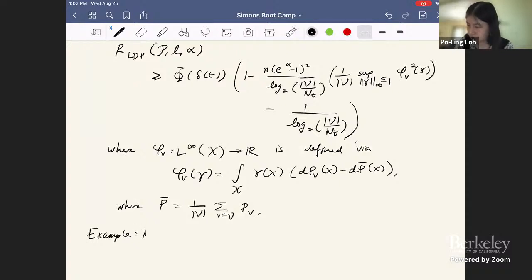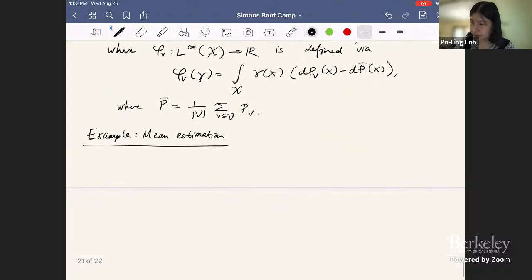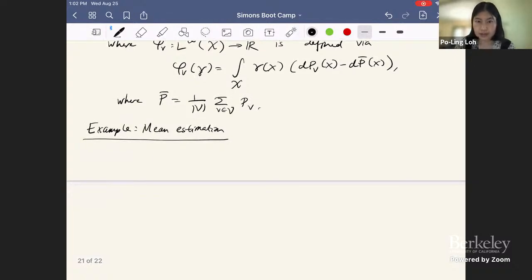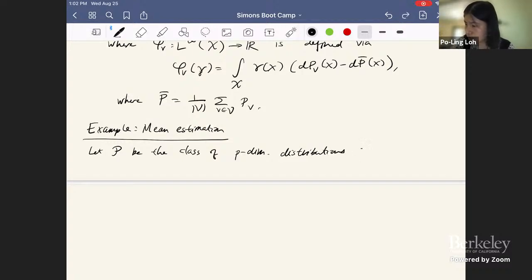So the example is mean estimation. All right, and we're going to depart a little bit from our parametric classes that we dealt with earlier. So here, let script P be the class of p-dimensional distributions supported on the ball of radius r in Euclidean norm.